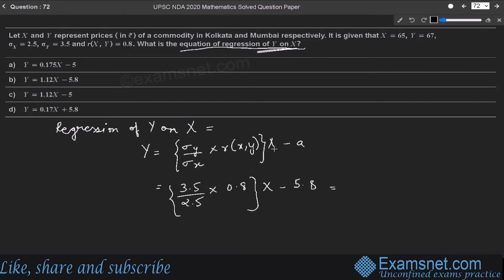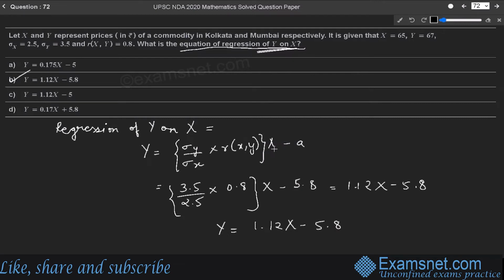So on further solving, it will be equal to 1.12X minus 5.8. So we can say that the value of Y is equal to 1.12X minus 5.8. So the correct option for this question is option number B, which is Y is equal to 1.12X minus 5.8.